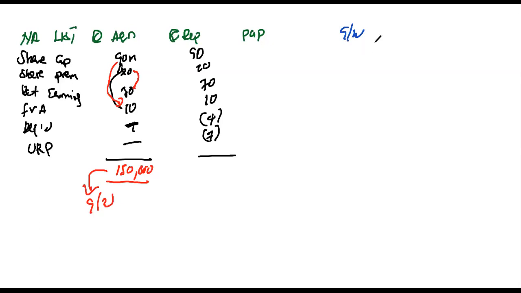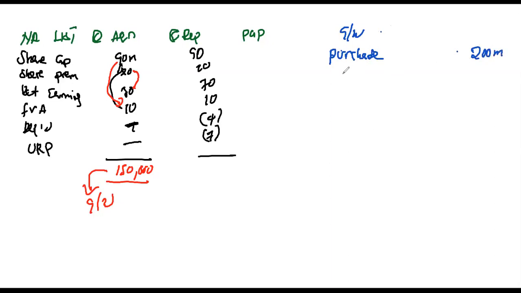So if this is our goodwill calculation, what we actually have here is the purchase price. Let's say the purchase price was 200 million.